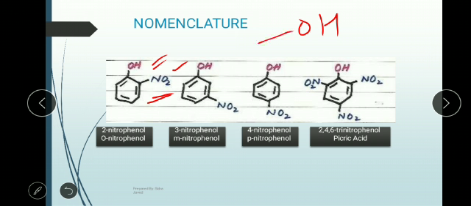Previously I told the preference goes to NO2, but no, preference always goes to OH. So phenol is the main compound. So we can write the IUPAC names by the substituents: 2-nitrophenol, 3-nitrophenol, 4-nitrophenol and 2,4,6-trinitrophenol.